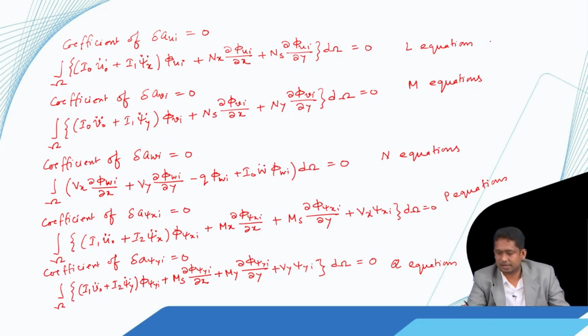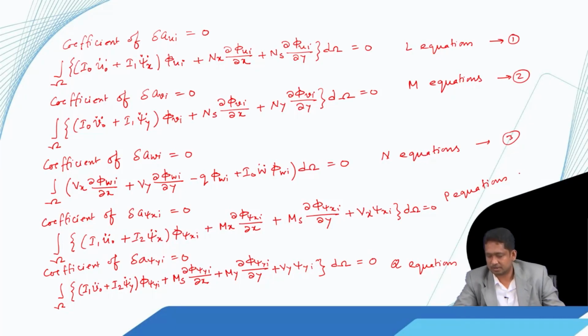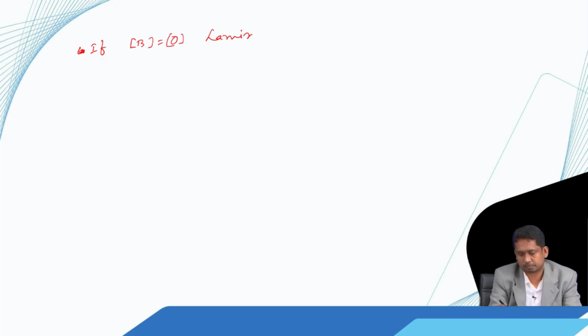Here if I number them, so set of equation 1, set of equation 2, set of equation 3, set of equation 4 and set of equation 5. So, if the B matrix is 0, that means the laminate is symmetric and inertia coupling is neglected, then we can solve the last 3 equations separately.